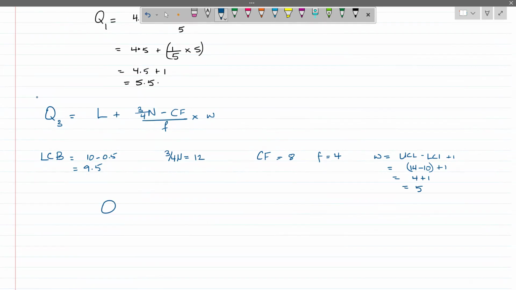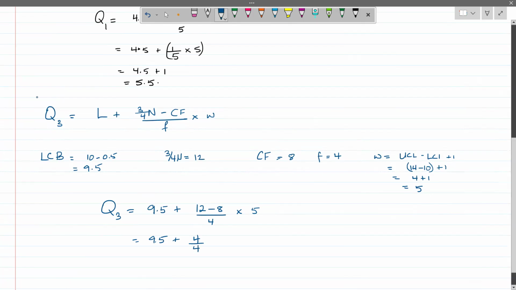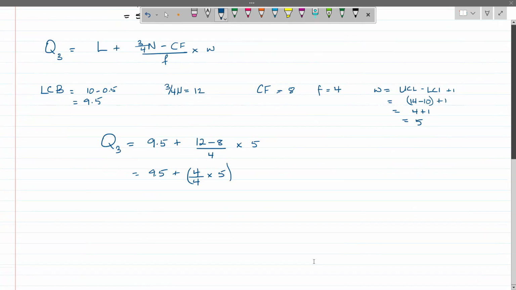So let's drop some values inside the formula. 9.5 plus 12 take away 8 is 4, over the frequency of 4, multiplied by 5. That is 9.5 plus 4 over 4, which is 1, times 5 gives us 5. So 9.5 plus 5, that's going to be 14.5.